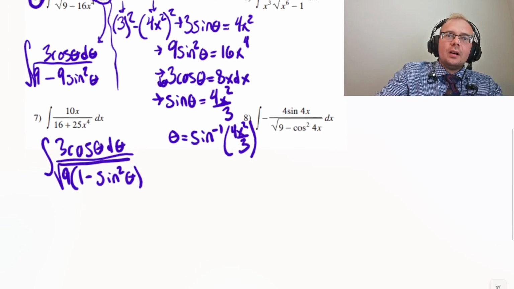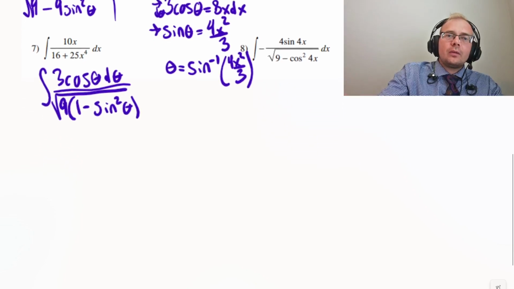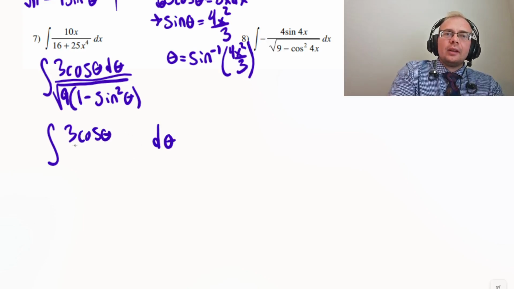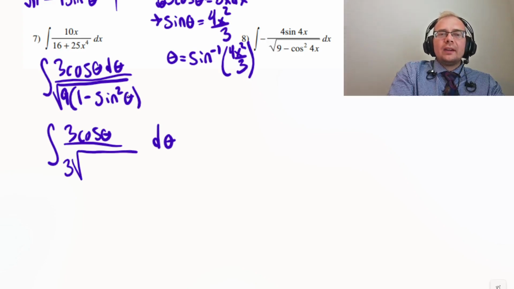I'm going to go up this way. How far can I go? Oh, pretty far. Okay. Then actually I'm going to go ahead and put this d theta out here. I think it's going to look better over there. And then the square root of 9 is just 3. And then I have the square root of 1 minus sine squared theta.